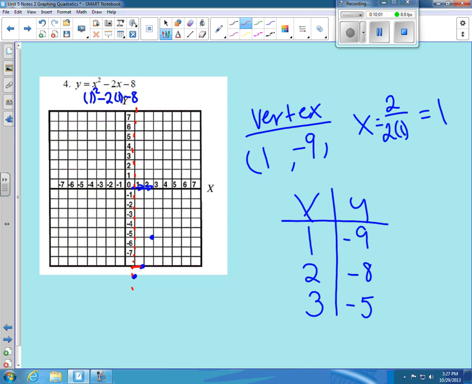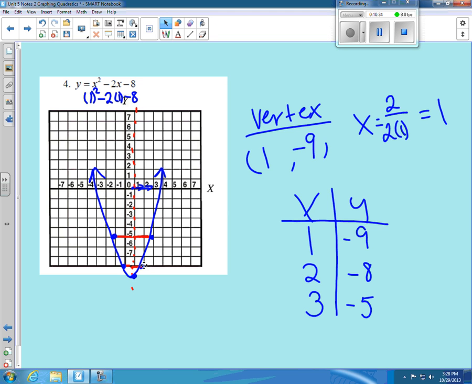If we see here that this point is 1 away from our axis of symmetry, we're going to do one that is 1 away on the other side. So we have a point here. We see that this one is 2 away, so we're going to go 2 away. Now notice I'm going 2 away from the axis of symmetry. So I actually didn't have to calculate those points, but we know that those points are there because of the axis of symmetry.